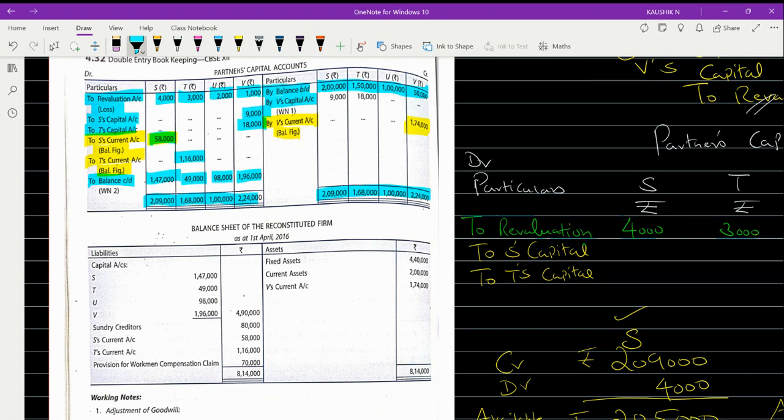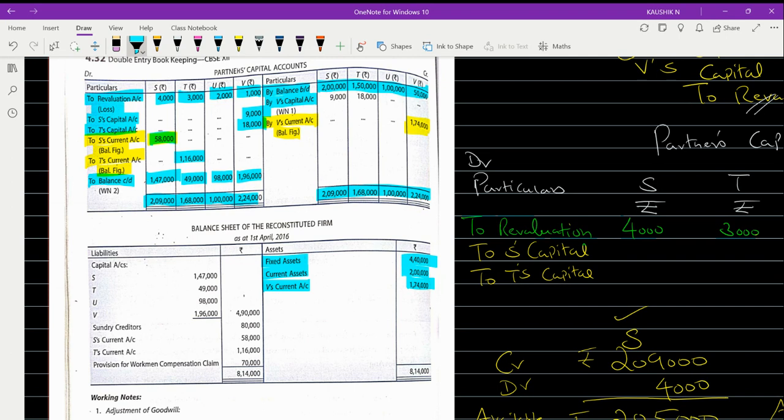And V's current account will appear in the balance sheet with the value of rupees 1 lakh 74. The reason is his amount will be deducted from the current account, so thereby the amount is coming into the picture on the asset side for the value of rupees 1 lakh 74.